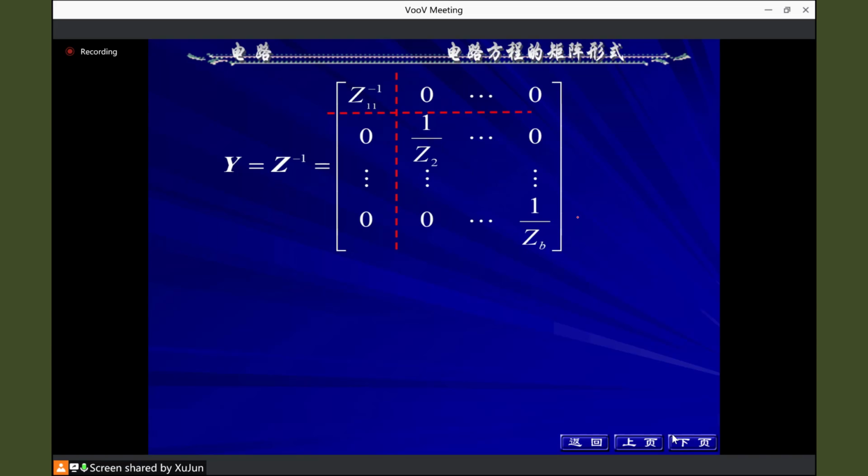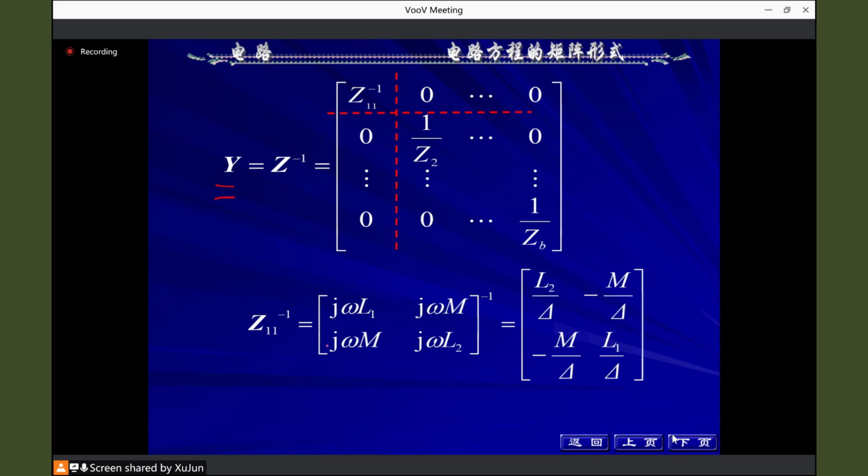So for case 2, the mutual inductance, we calculate the matrix Z first, and then go to the matrix Y. This function calculates the inverse of this part, the inverse of the 2 by 2 matrix.